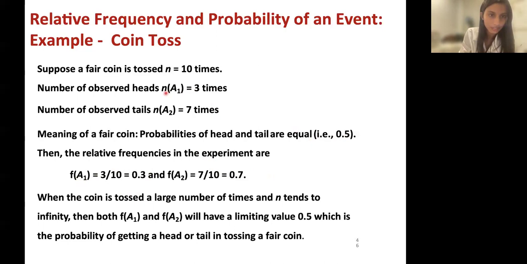The frequency of head will be 0.5 and the frequency of tail will also be 0.5 if you conduct the experiment enough times. That's what we mean by converging to a limiting value of 0.5. So when the coin is tossed a large number of times and n tends to infinity, both the frequency of head and the frequency of tail will have a limiting value of 0.5, which is the probability of getting a head or tail in tossing a fair coin.